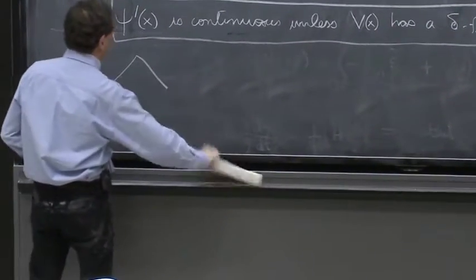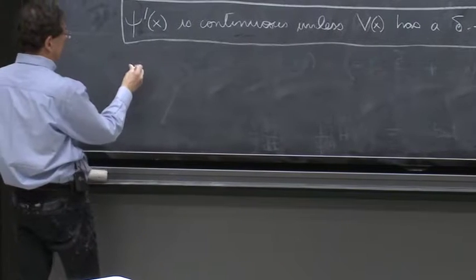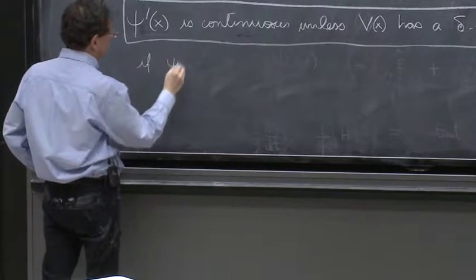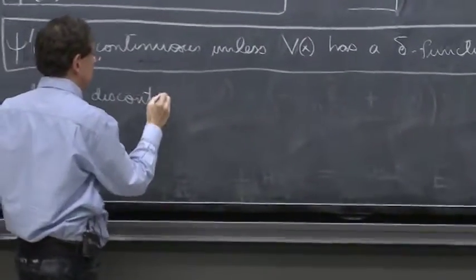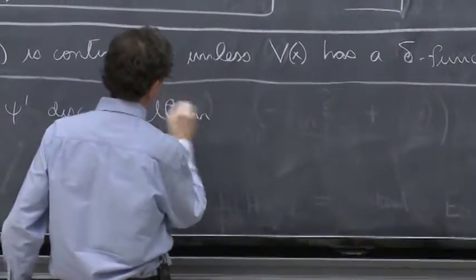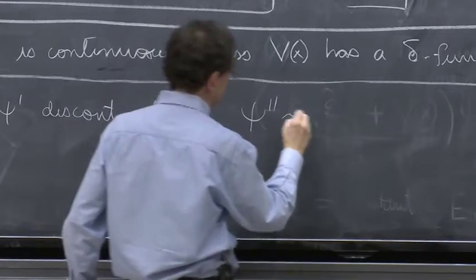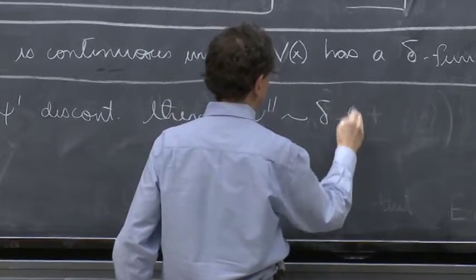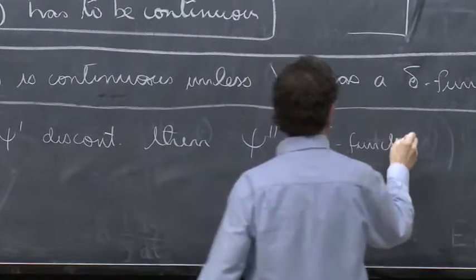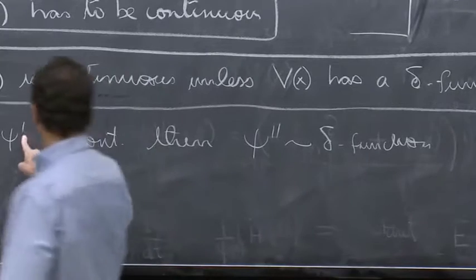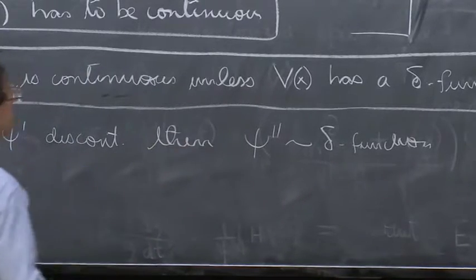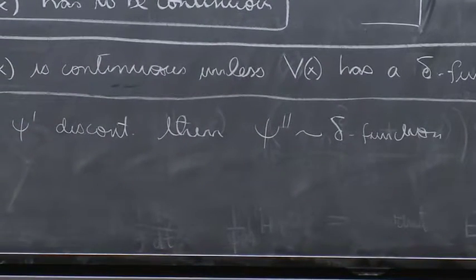If psi prime is discontinuous, then psi double prime is proportional to a delta function.